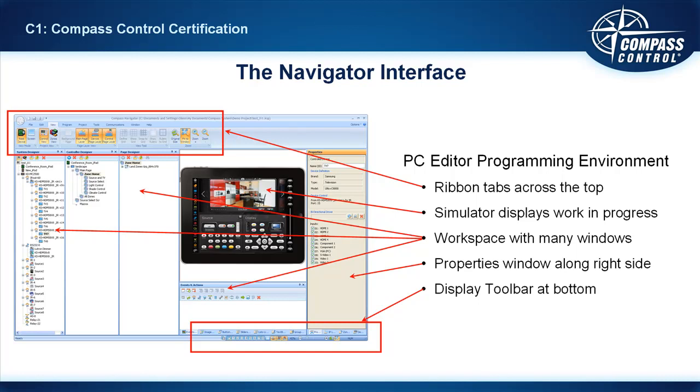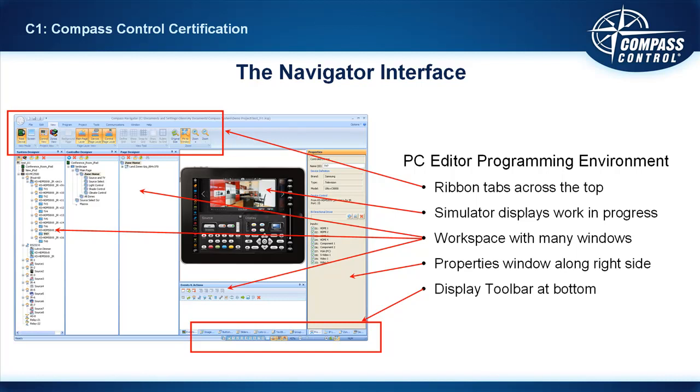In the workspace itself, besides the simulator, you've got various different windows. And during the programming process, you're going to use different windows at different times. Right? There's a properties window that is typically locked along the right-hand side of the interface here. And the properties is going to tell you what the physical properties of buttons, of actions, of different devices that are in there.